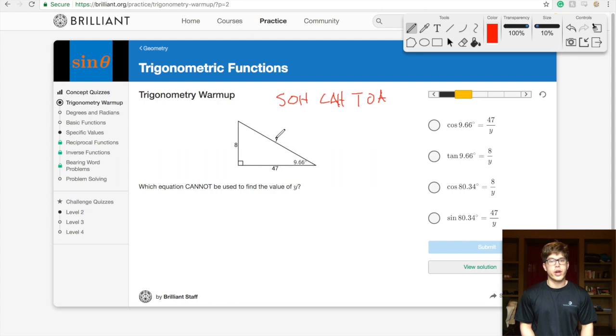Y has to do with our hypotenuse, so we can use the sine of 9.66 or the cosine of 9.66. So answer choice A checks out, and what's our other angle? Our angle here must be 80.34.